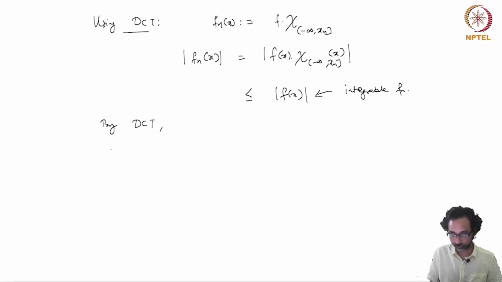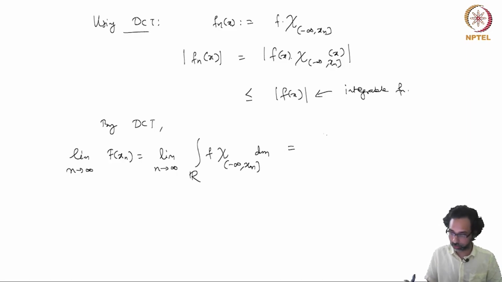we have the limit as n goes to infinity of F(x_n), which is the limit as n goes to infinity of the integral over R of f chi minus infinity to x_n dm, and this is equal to the limit taken inside the integral, of the function that you get when you take the limit inside, f chi minus infinity to x_n dm.